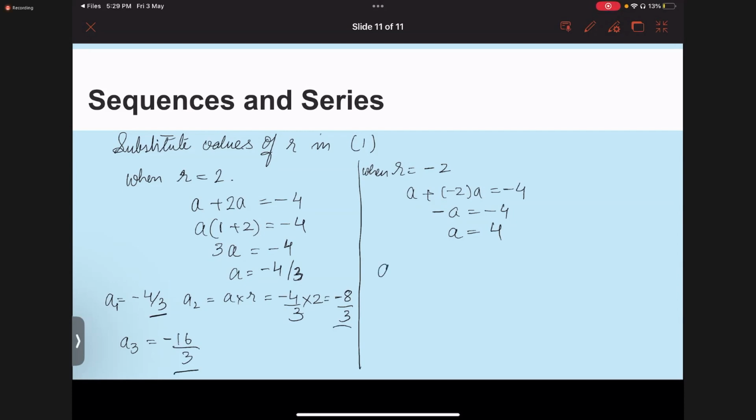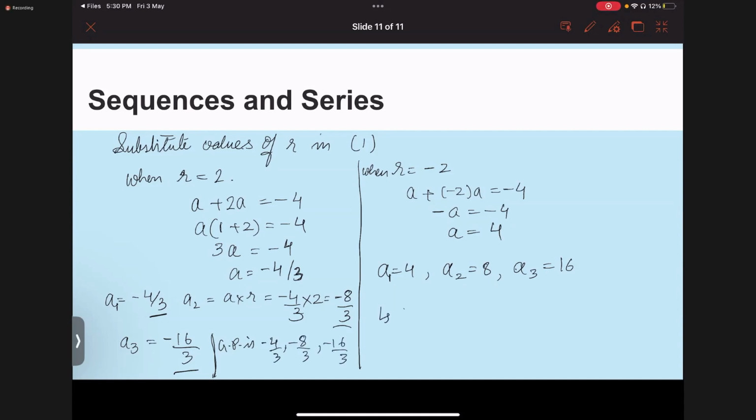When your R is equal to minus 2, your A1 is going to be 4. Okay, your A2 is going to be the first term multiplied by R, so that is minus 8. And your A3 then becomes 16. Okay, so you can just write the GP is minus 4 by 3, minus 8 by 3, and minus 16 by 3.